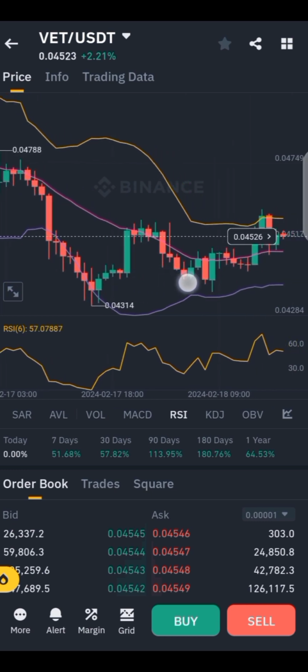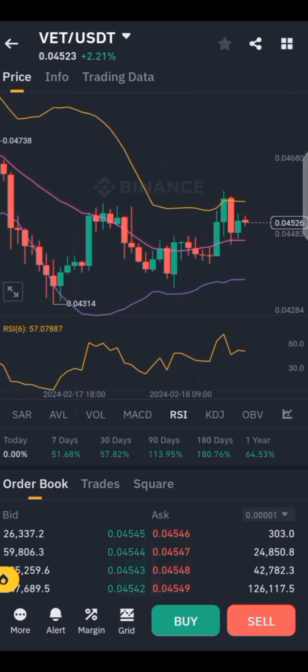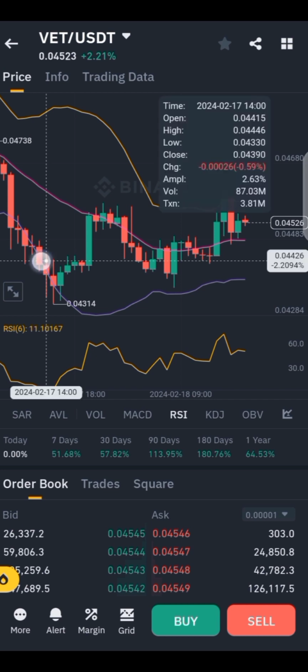So anytime, after spotting your coin, you wait for the market to come down to here. Let me click on this one and show you. You can see the RSI, this thing in bracket 6, where you see 11.1.